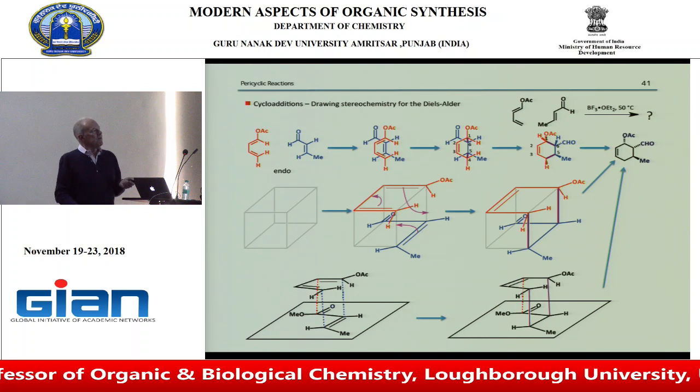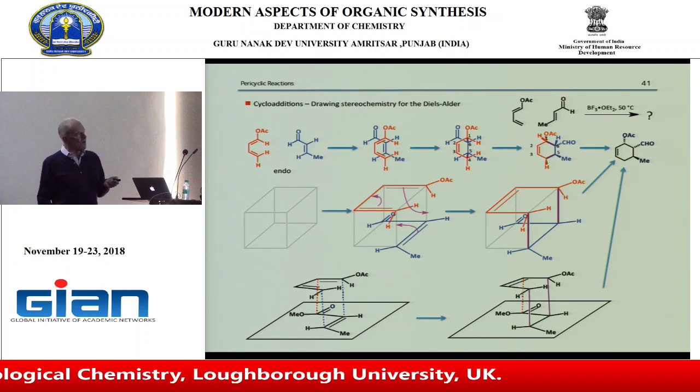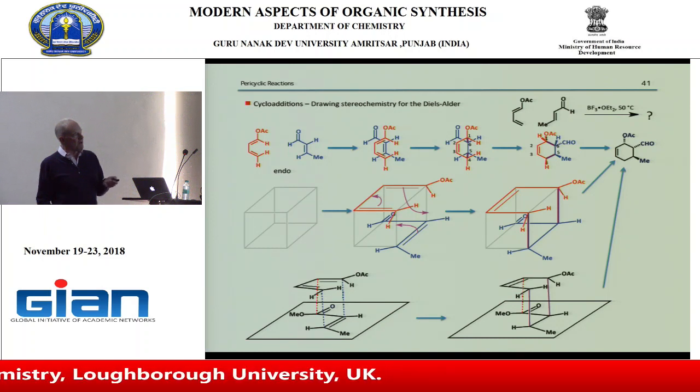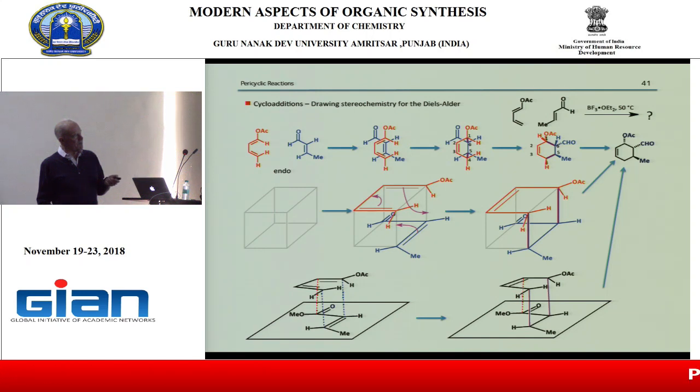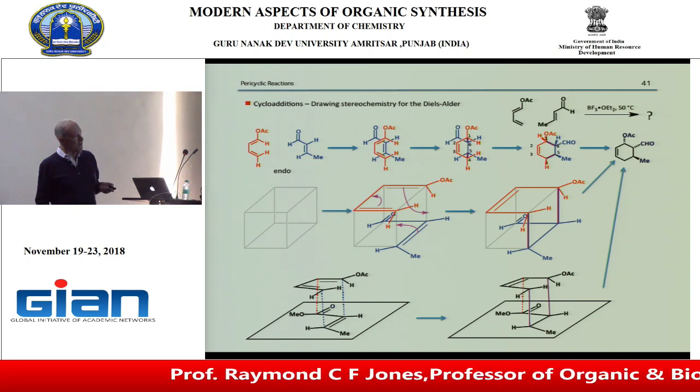But whichever way you do it, of course what you're trying to work out is what the relative stereochemistry in the product is going to look like. So here, this is two substituents on one face of the cyclohexene and the third substituent on the opposite face. And you can see that from this, or from this, or from this.